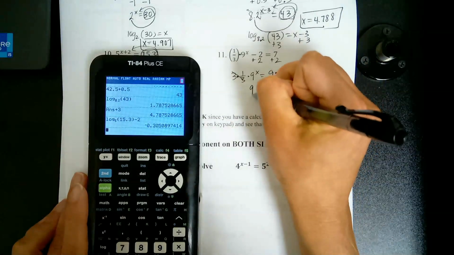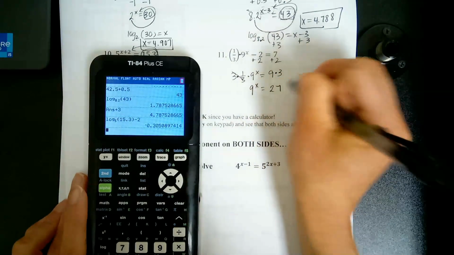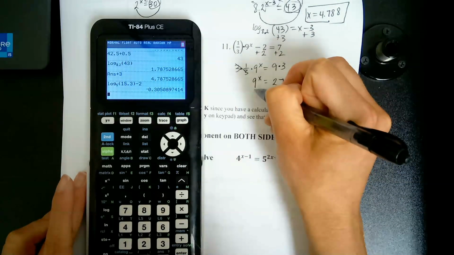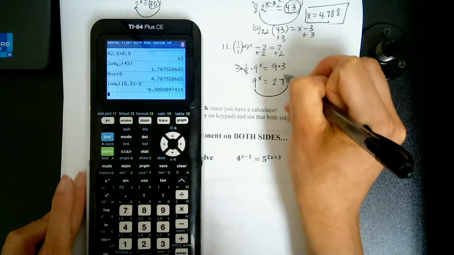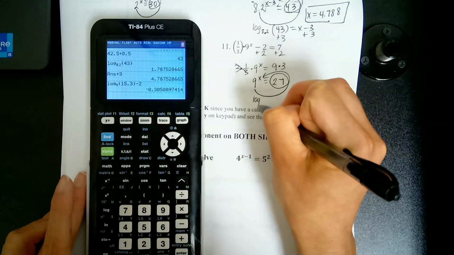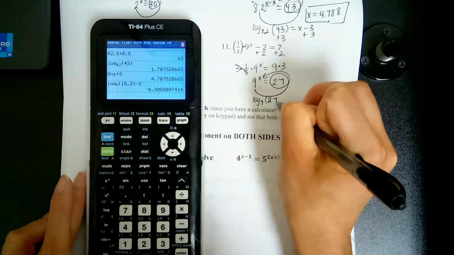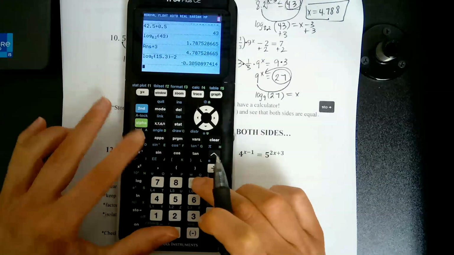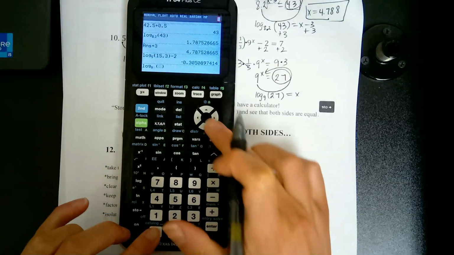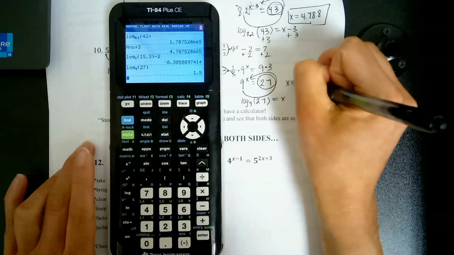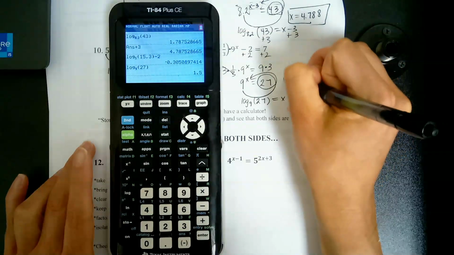And so I get 9 to the x equals 27. And some of you could probably evaluate that in your head, but I'm going to convert. Log base 9 of 27 equals x. Okay, math alpha math, 9, 27. And so we get x equals 1.5, which is also 3/2.